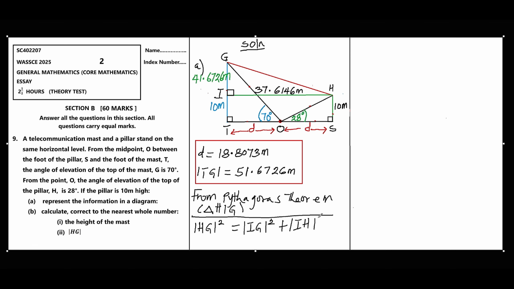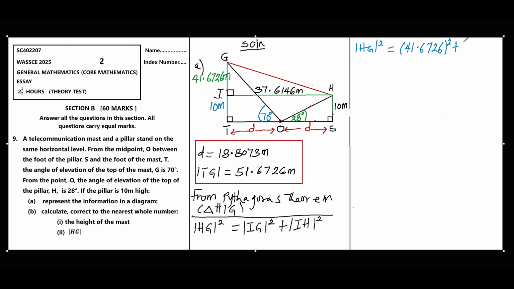So we just do our substitution. So we have HG squared being equal to, what is the length of IG? So IG, we had 41.6726 squared plus IH squared.